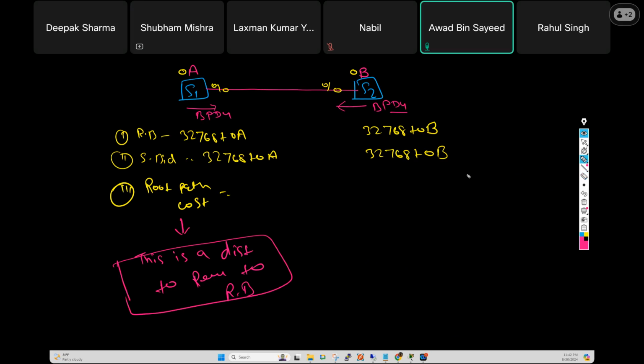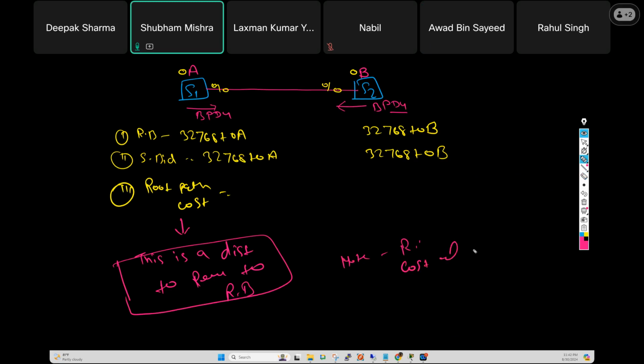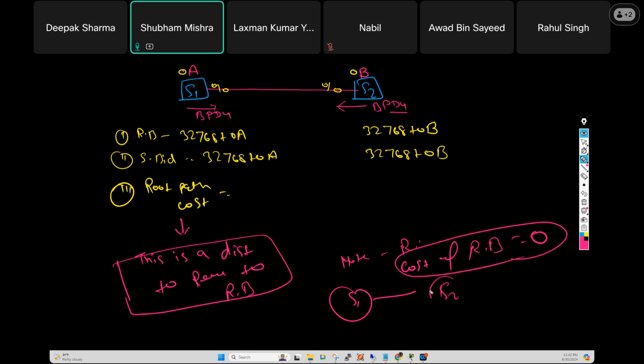Okay. Now, please remember one more thing. Cost of root bridge is always 0. Because this is switch 1 and this is switch 2. If switch 1 is sending the BPDU and switch 1 is the root bridge, so what is the cost, guys? 0.